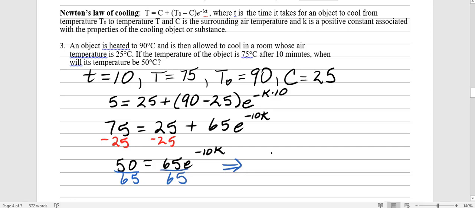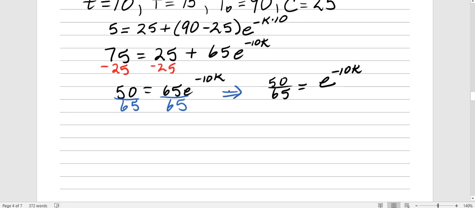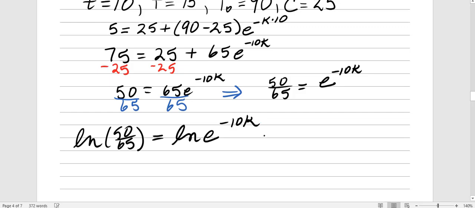And 50 over 65 equals e to the negative 10k. And apply the natural log to both sides of the equation. When I apply the natural log to e to the minus 10k, I basically get back the minus 10k.